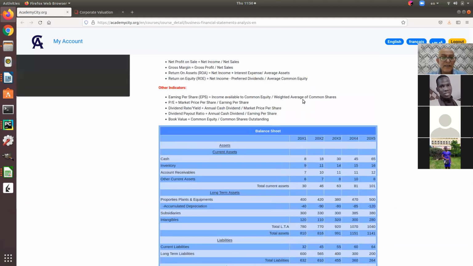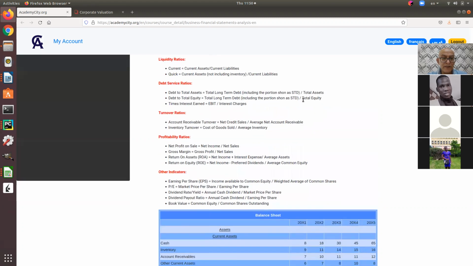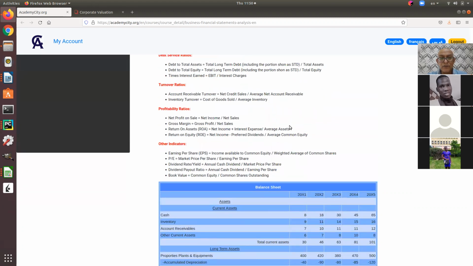So let's move to the next two, okay, which are new ones. Those ones are return on assets, meaning if I look at the net income plus interest expense, or in another word, I will look at the operating profit, excluding the taxes I'm paying.